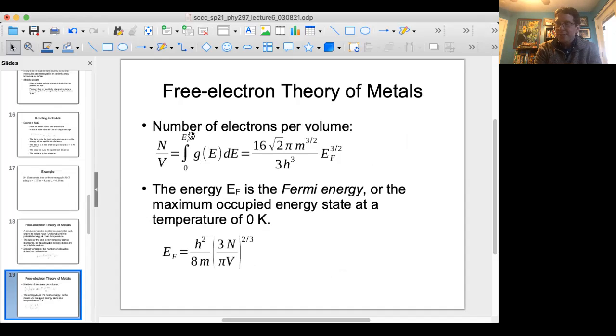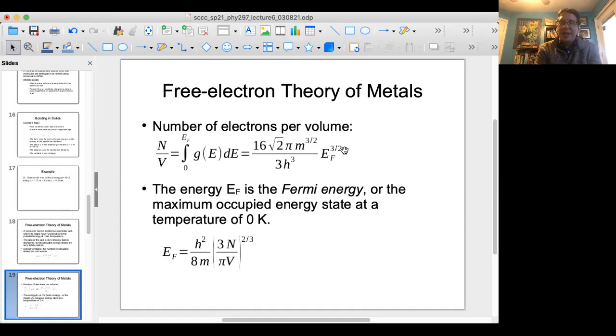So at absolute zero, basically, it's the ground state. It's the highest state that has an occupied electron when all the electrons are in the lowest possible energy state that they have. And so you can determine this for different elements or different substances.